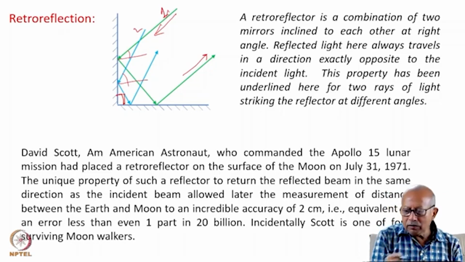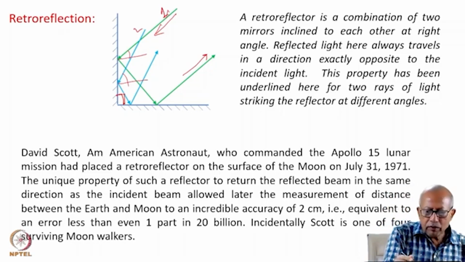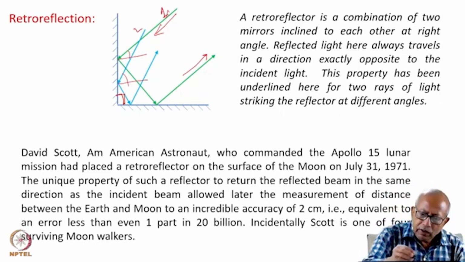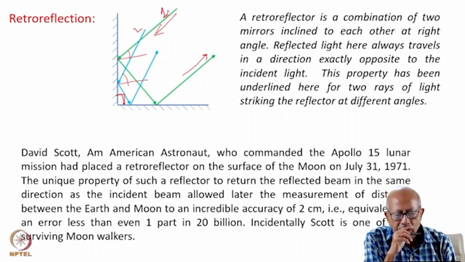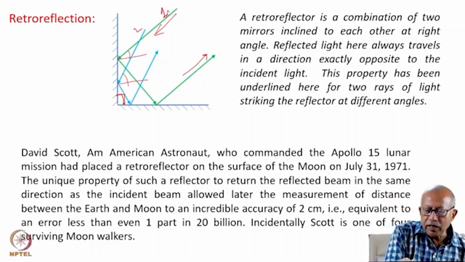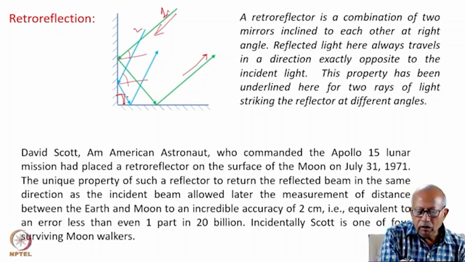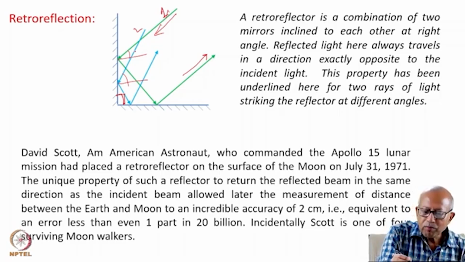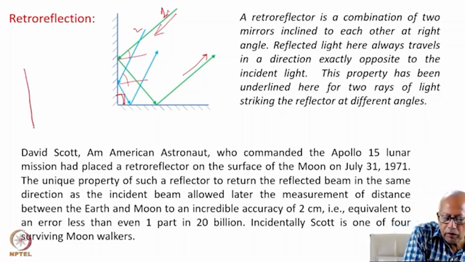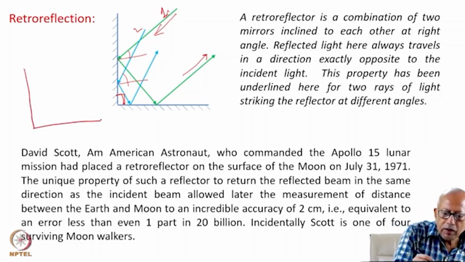Well, let us very quickly prove that in a retroreflector, the reflected light always travels in a direction opposite to the incident light. In a retroreflector, the two mirrors are placed in such a way that they are perpendicular to each other. Now you see, this is our retroreflector.